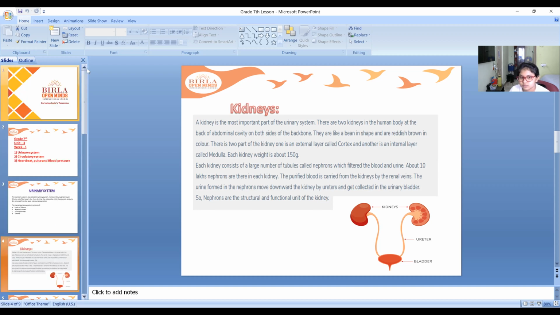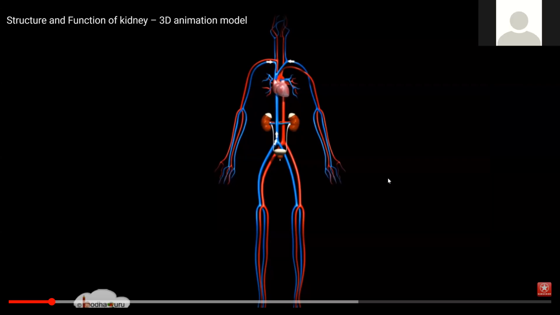Yes, true. I hope you all have understood this picture, the image, what the different parts are, and the nephrons. I'll show you the picture of the kidney, and even the nephrons, how they look.